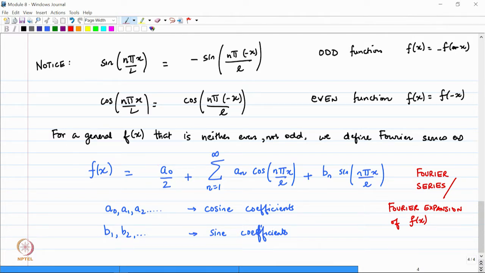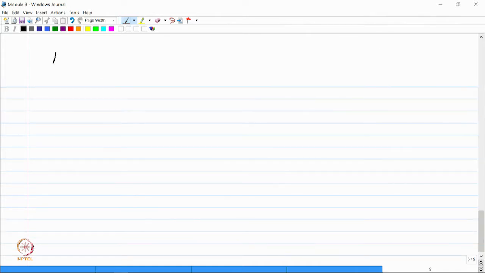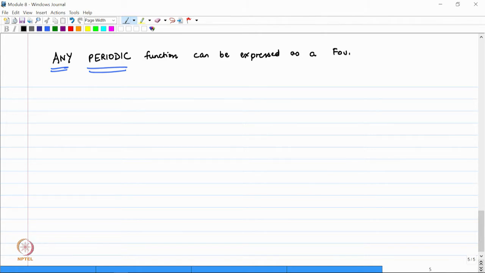Now any periodic function, the important thing is any periodic function. These two words are important. You can take any function, but it has to be periodic. Any periodic function can be expressed as a Fourier series.